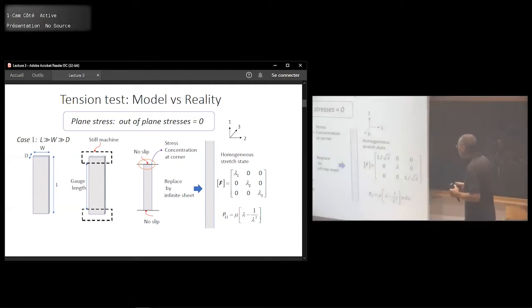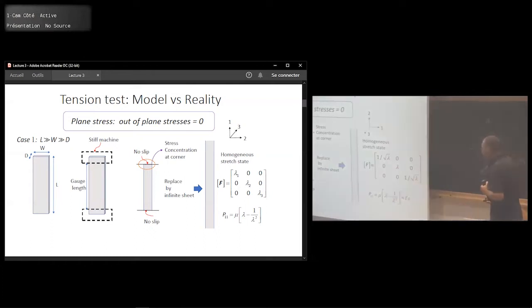We now assume that the material has a simple stretch independent of position, because it's infinite, every place looks identical. So the stretch ratio in this direction is lambda, and the other two directions, assuming incompressibility, are 1 over square root of lambda, so that if I multiply these, the determinant is 1.